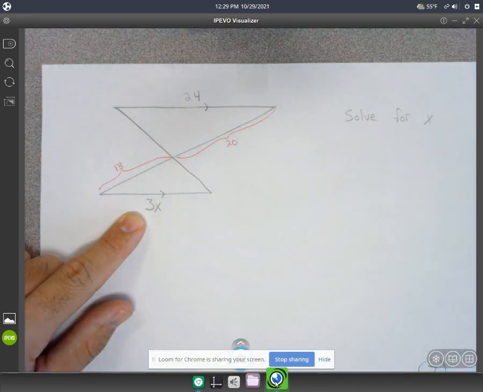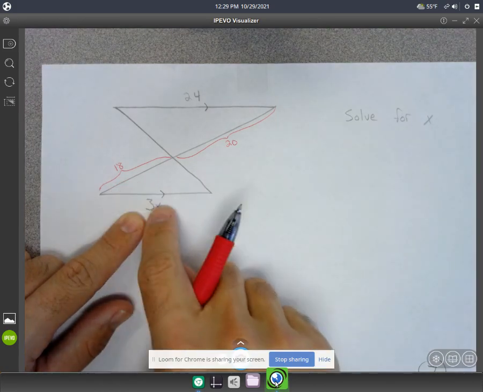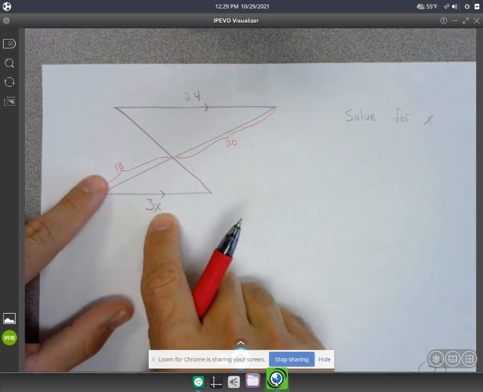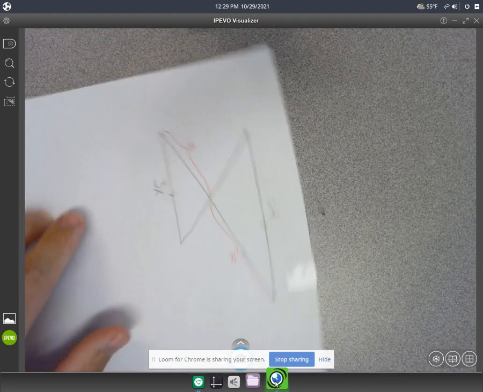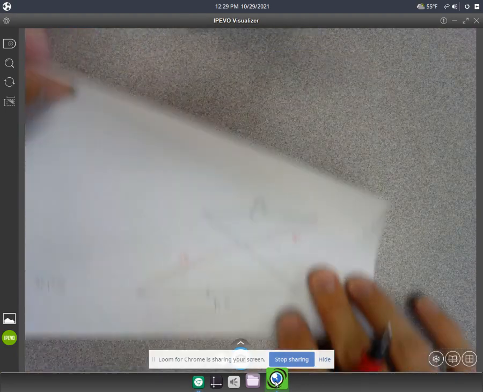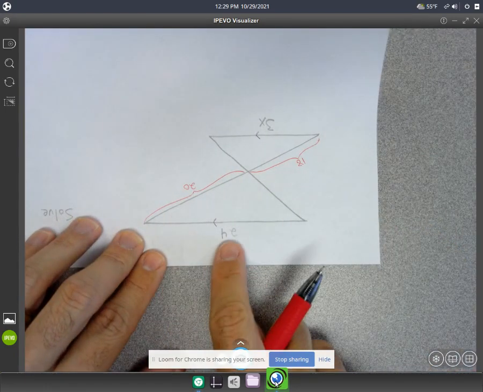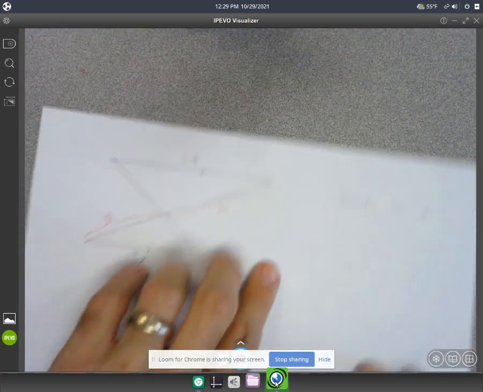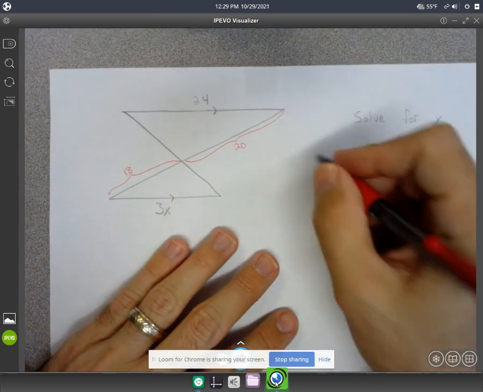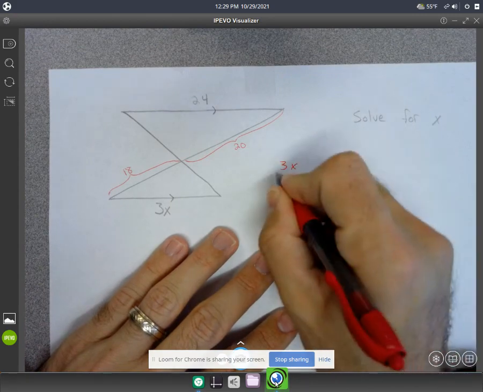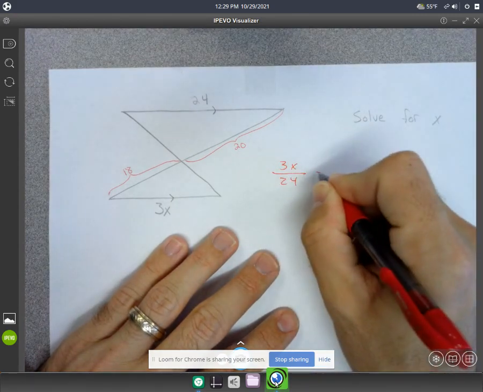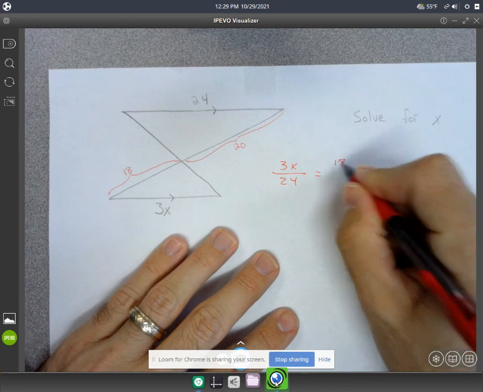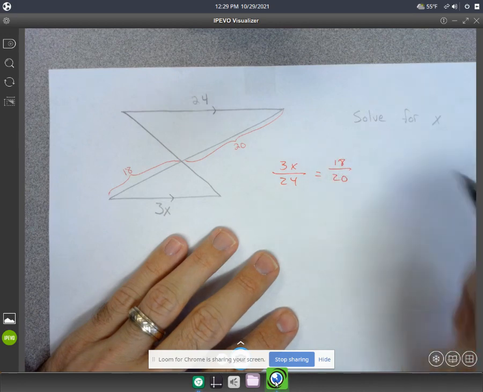Notice the 18 is up and to the left of my base. If I rotated this triangle, the 20 would be up and to the left from my base as well. So 3x corresponds to 24, and 18 corresponds to 20.